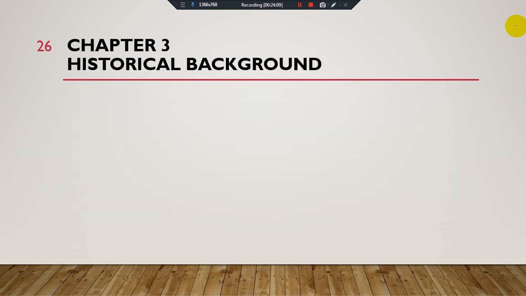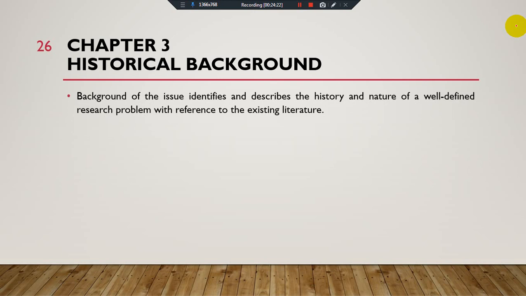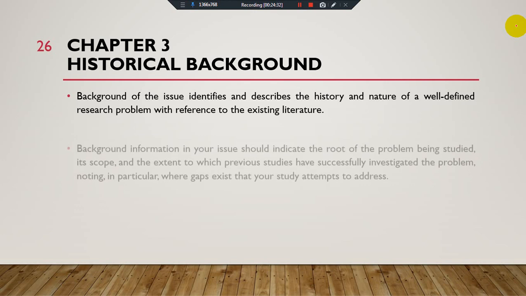Okay, after the literature review, we have another chapter, that is the historical background of the issue. The background of the issue identifies and describes the history and the nature of a well-defined research problem with reference to the existing literature.